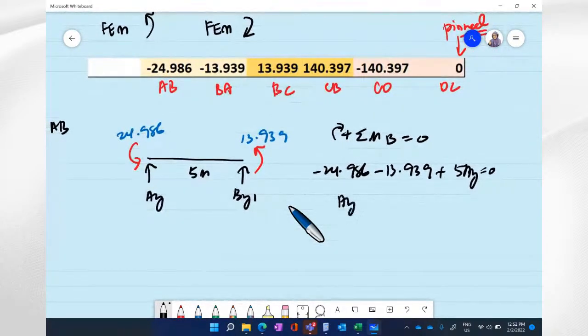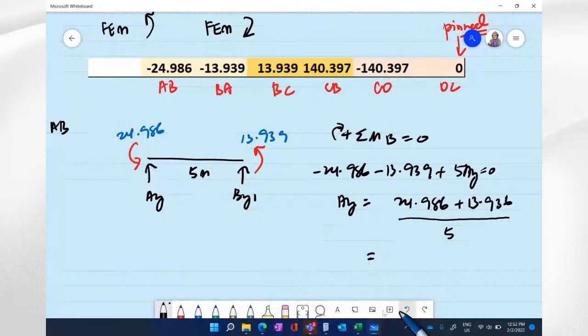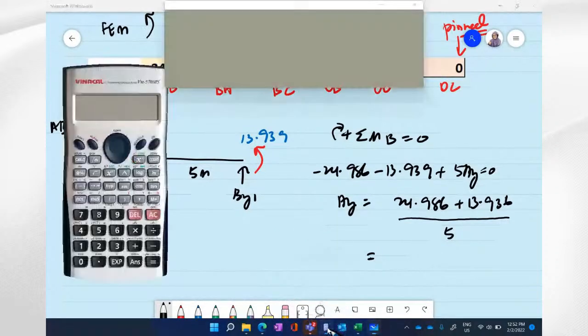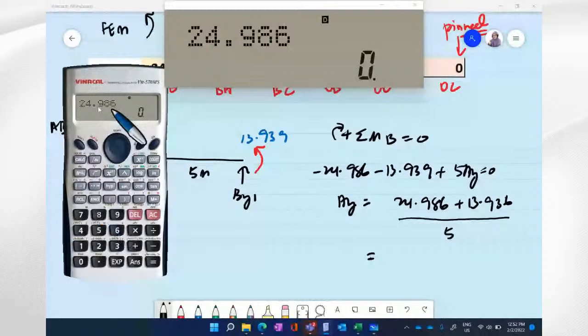So AY is equal to 24.986 plus 13.939 divided by 5. So we get 24.986 plus 13.936.